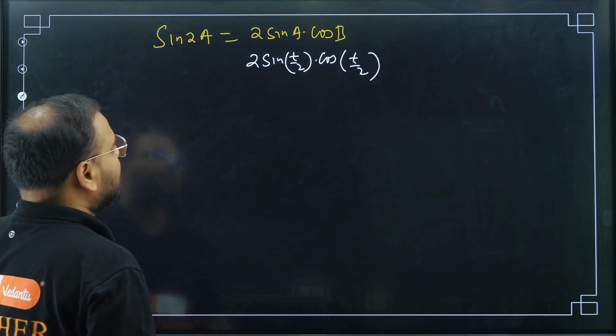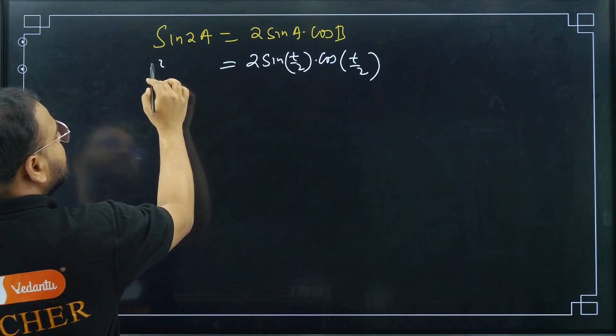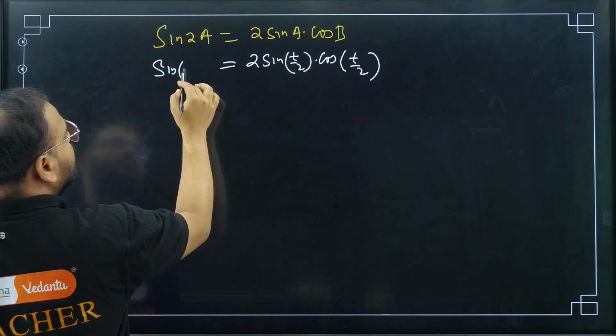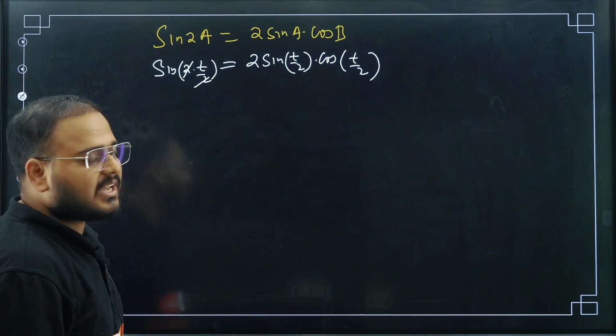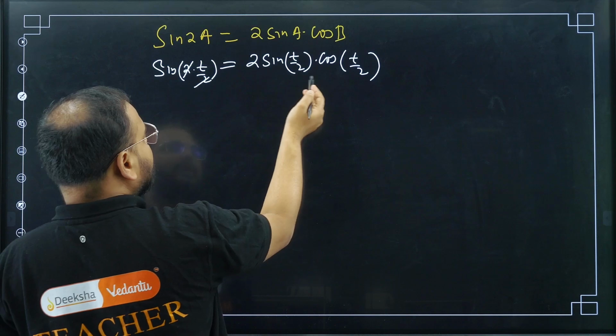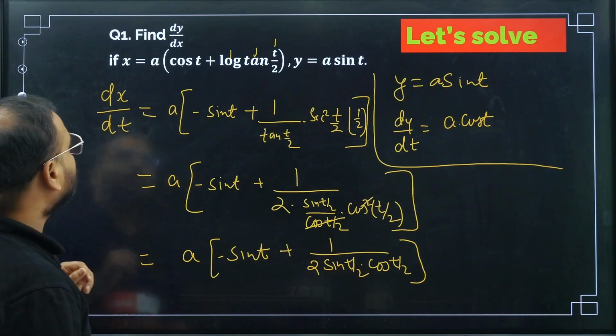If you see this, what will this become? The left-hand side will be simply sine of 2 times t by 2. How much is that? Simply sin t. Please check. So I can replace this statement by sin t.